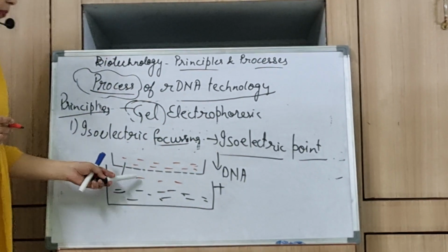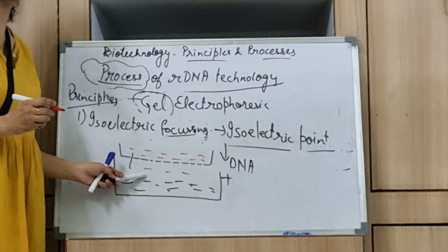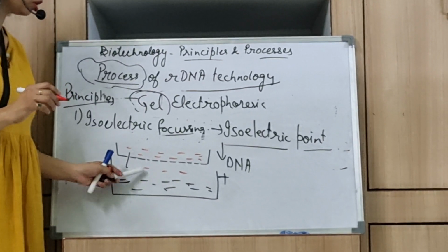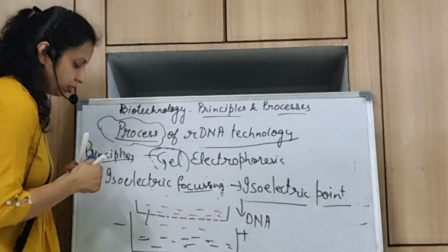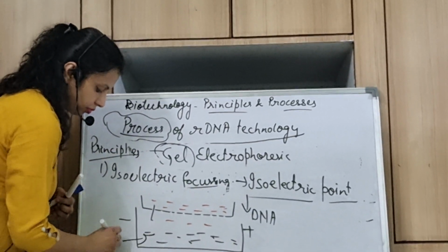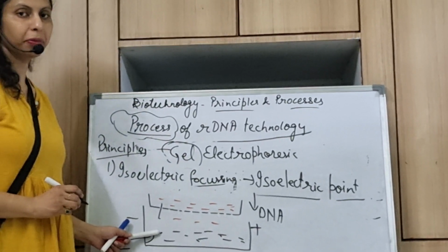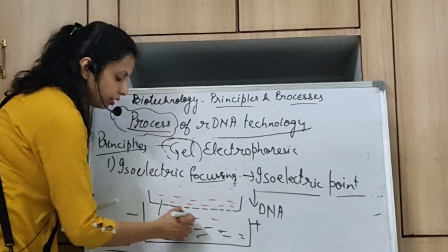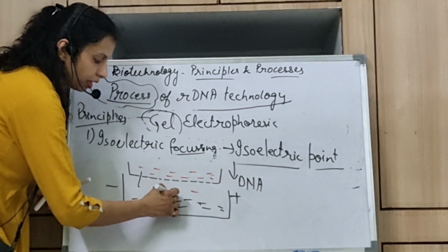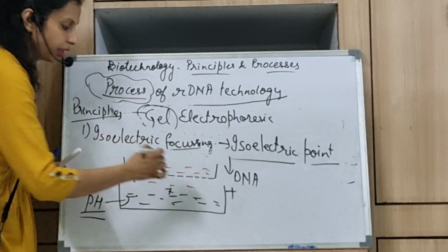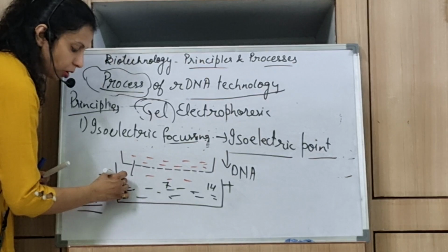and the point at which DNA loses its charge, because a particular pH is present here. Suppose the pH is about 7 here, and here the pH is 14, and here the pH is about 0.